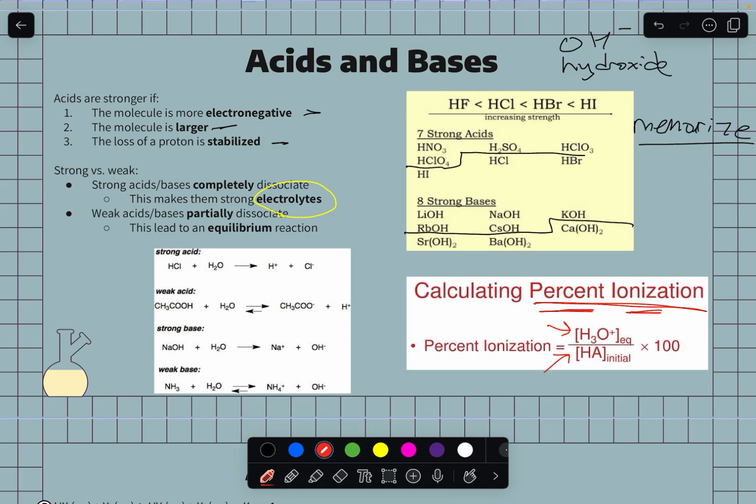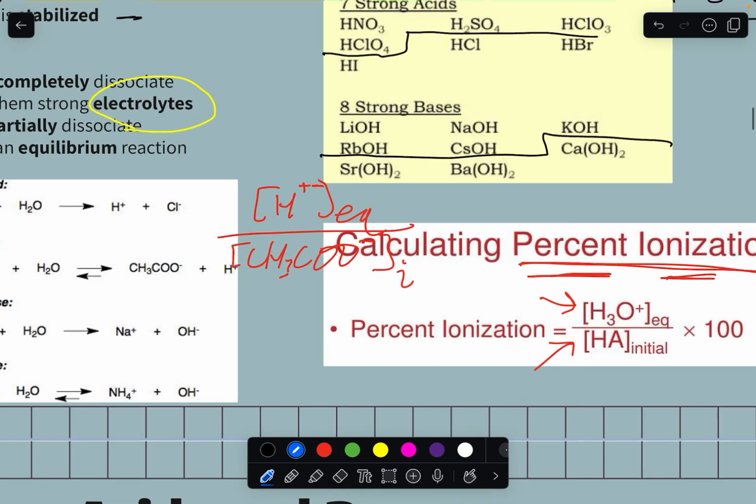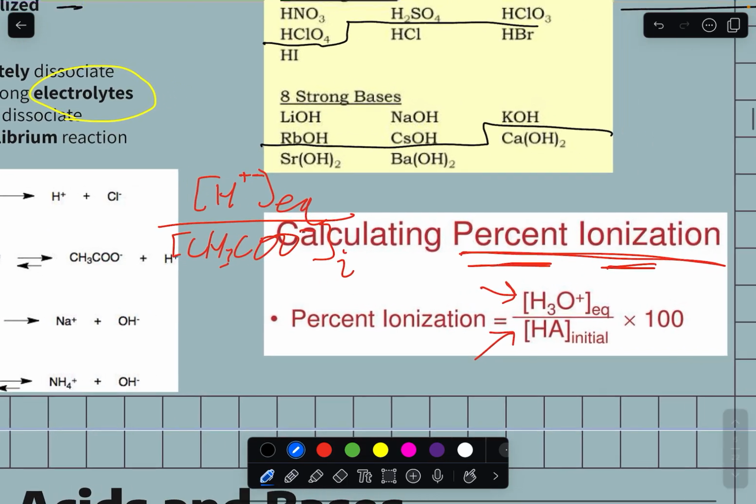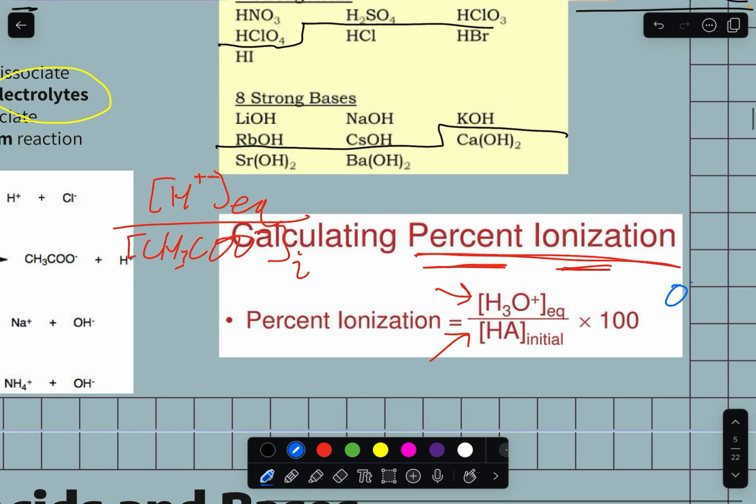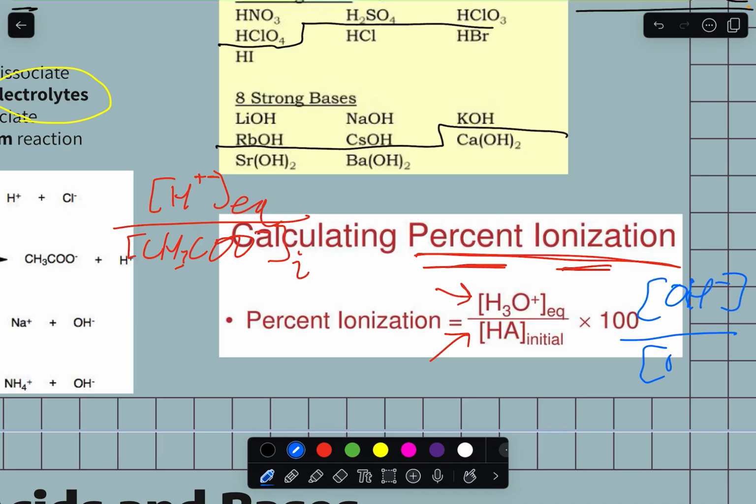So the example for this weak acid here would be your H plus at equilibrium, remember these are concentrations, divided by your CH3COO minus at the start, the initial number. It's the same thing with the base, except with the base, it would be your OH minus divided by your base initial.